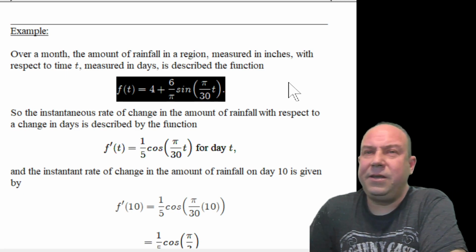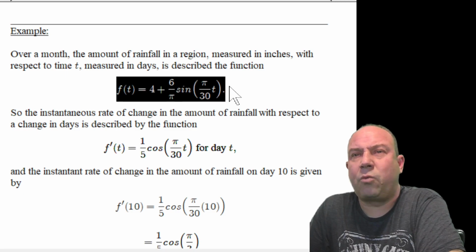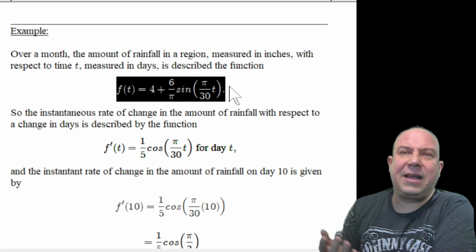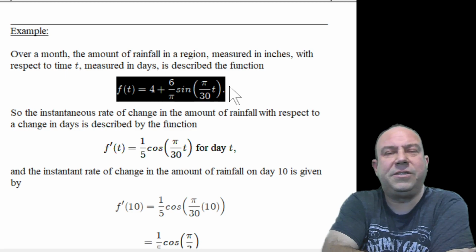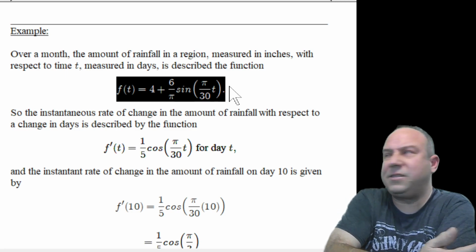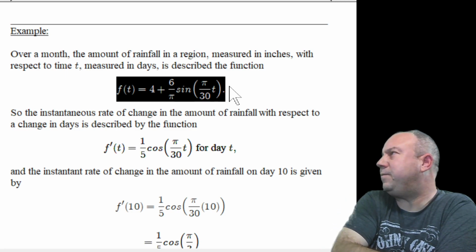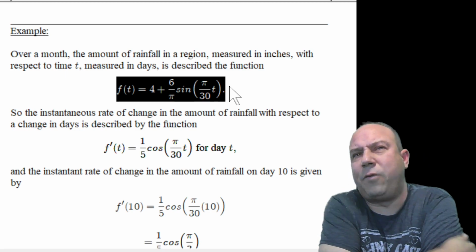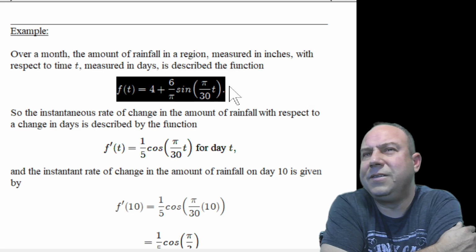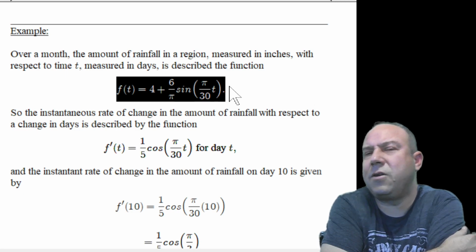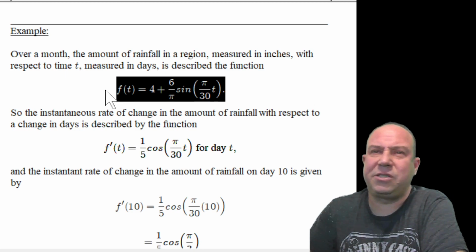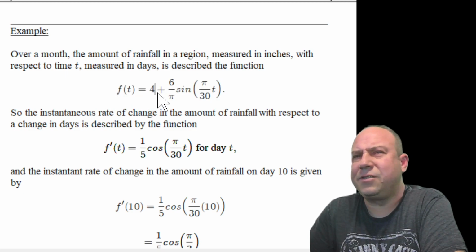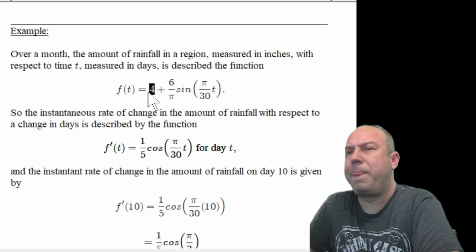The initial function we were given describes how much rainfall we expect on a particular day measured in inches. And that's this function here. On average, it's probably about 4 inches over that time period, or thereabouts. I'm just assuming. I think I constructed it to be that way.